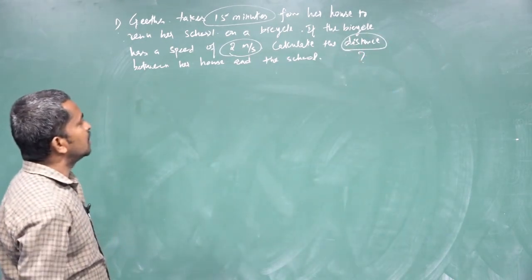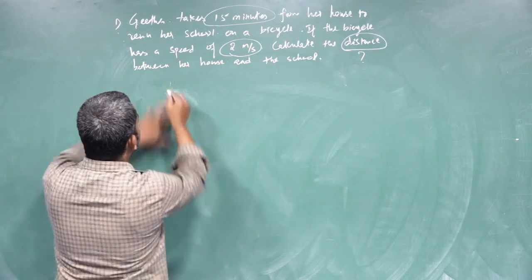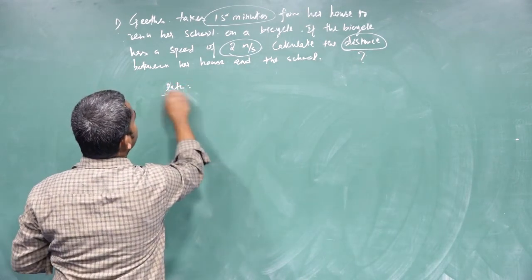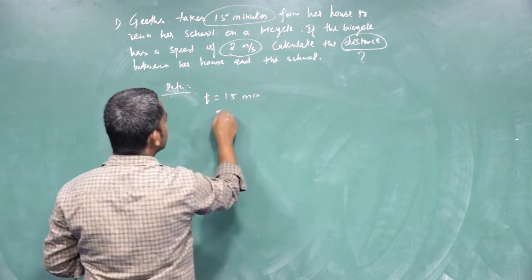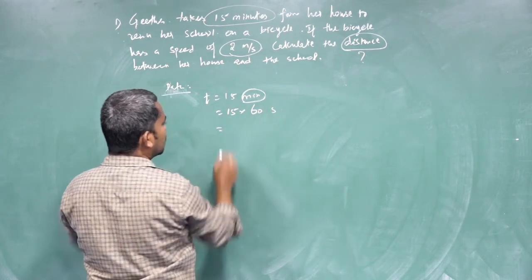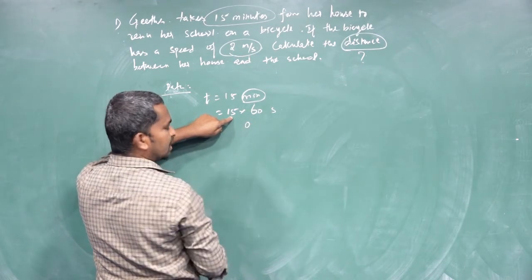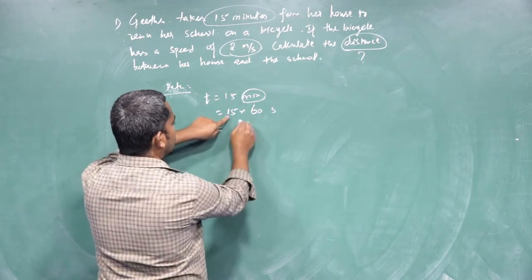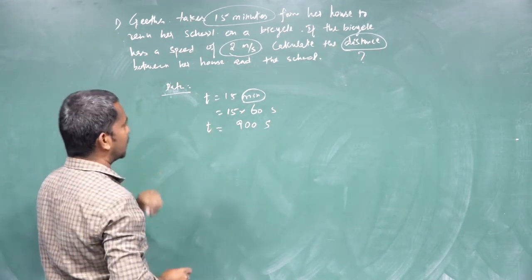First, collect the data. Time t is equal to 15 minutes, so it is 15 into 60 seconds. Multiply this: 6 fives are 30, 0, remaining 3, 6, 9, so 900. Time is equal to 900 seconds.